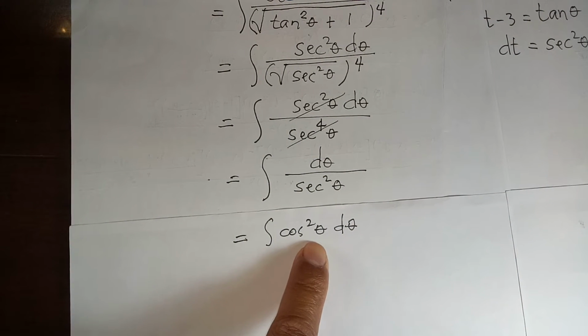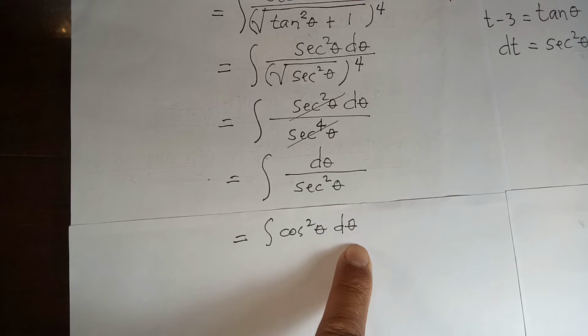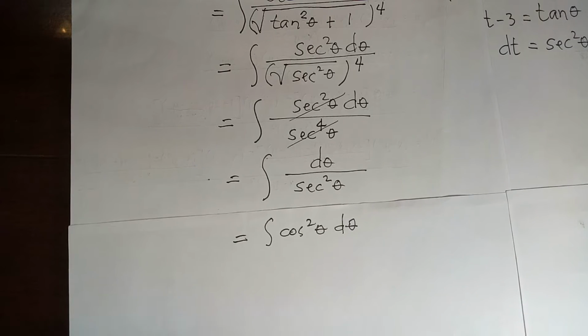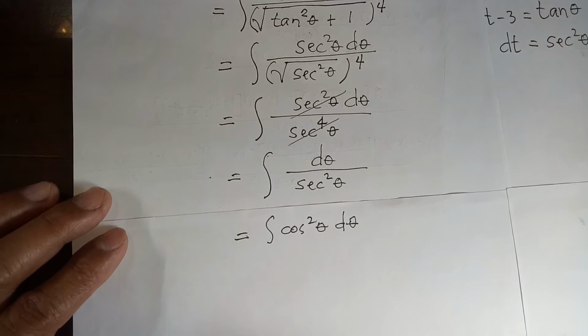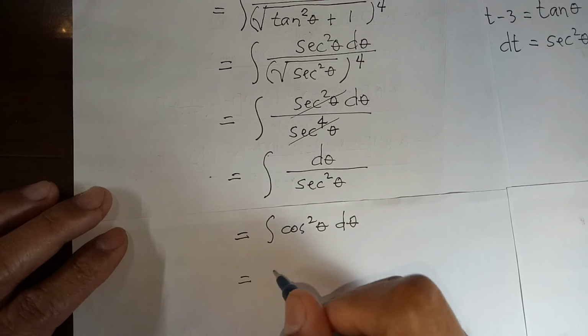So, integral of cosine squared theta d theta is not readily integrable. It will become integrable if we are going to use the identity for cosine squared na 1/2 times 1 plus cosine of 2 theta. Okay?